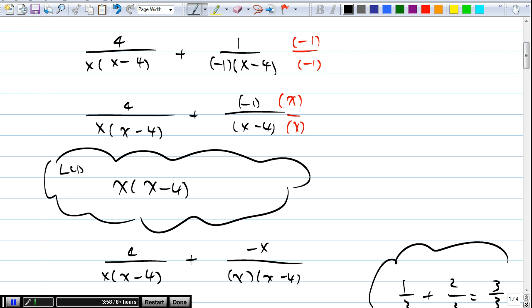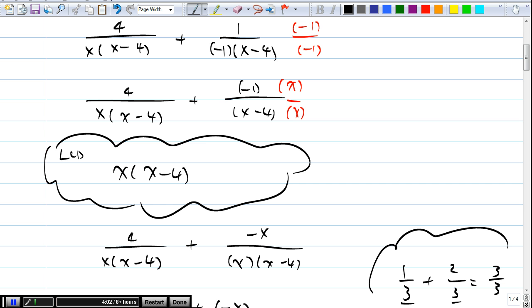Okay. So now, do you know how to add two fractions with the LCD? Look, how do you add 1/3 and 2/3, guys? They have a common denominator. You just add the numerators and keep the same denominator. Same way with this. You have the common denominator on both of them. Michael, what do you do? How do I add these two fractions when they have a common denominator?